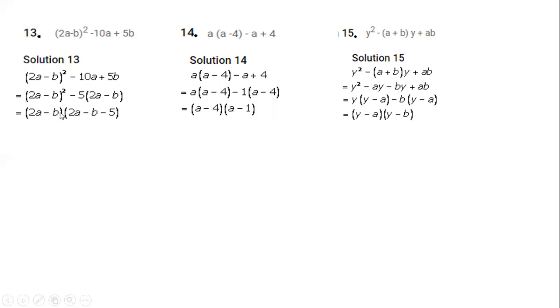Take out minus 5 common, 2a minus b. In both the quantities, 2a minus b is common. So take it out, 2a minus b, common factor. And we are left only with, from the first term, 2a minus b, minus as it is, second term, 5 only. This is your answer.